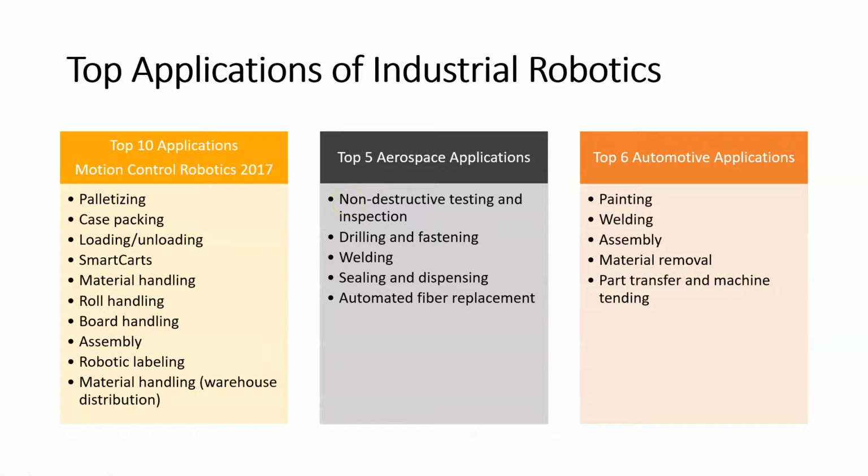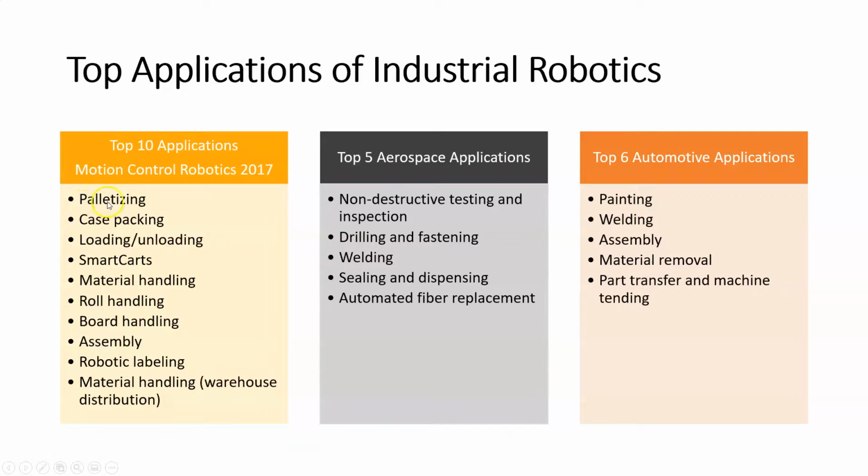So here's some lists of top applications that I found for different common industrial operations. So top 10 applications for robots, right? This is from 2017, but I don't think the year really matters. So top applications, palletizing, that is stacking and unstacking things that are on pallets. This is especially important because pallets are heavy. Pallets can be dangerous, right?